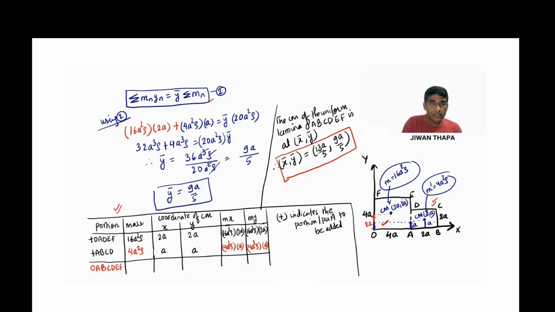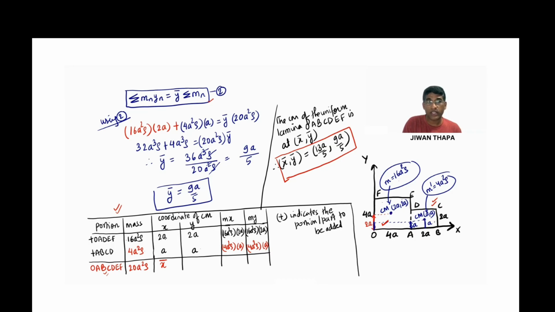And what is the total mass of this lamina? So we need to add these two masses. So we have done it earlier, okay. We have added m and m dash. So we get 20a square rho. Now, what is this, okay? This gives us the x coordinate of center of mass. So the x coordinate of center of mass, so it is x bar, okay?